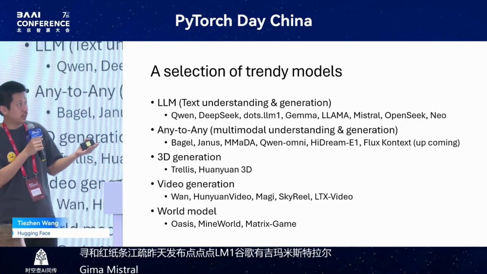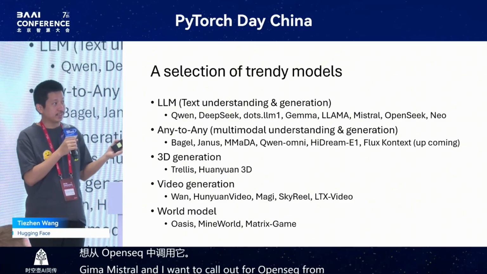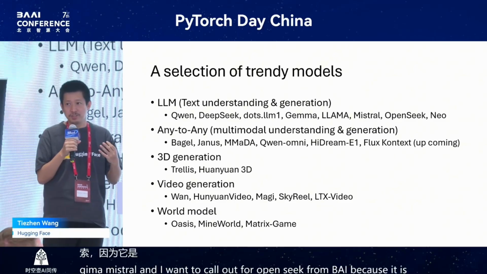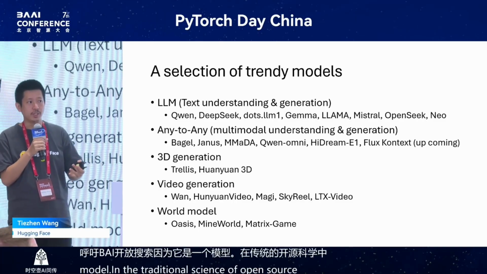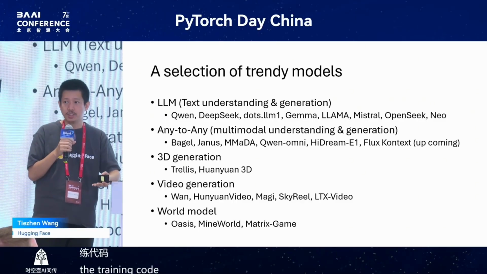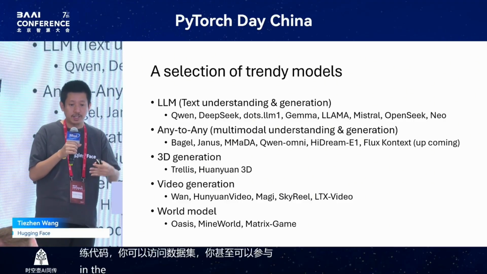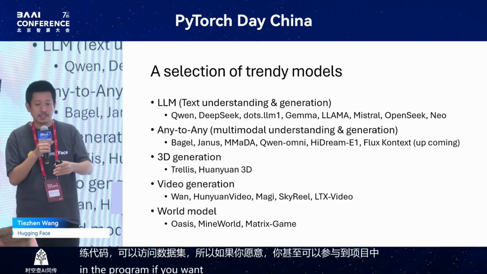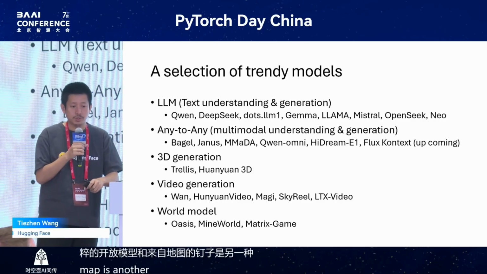And I want to call out OpenSeek from BAAI because it is a model in the traditional spirit of open source: you have access to all the training code, you have access to the dataset, you can even participate in the program if you want. It's a purely open model. And Nemotron from Map is another instance of a purely open source model.